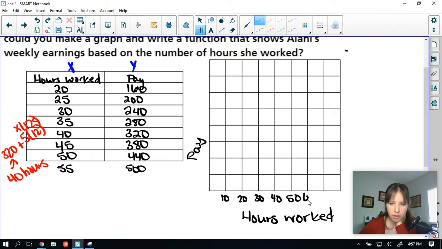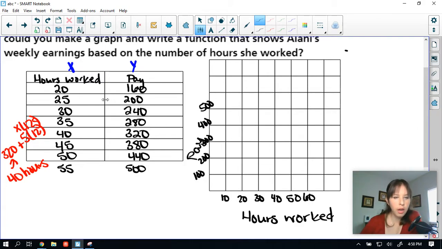Go to 55, so I'm going to go to 60 here. Let's see, we're looking at 500 as the max. So 100, 200, 300, 400, 500.